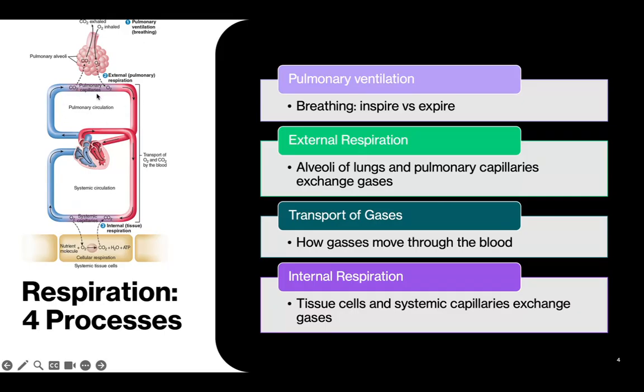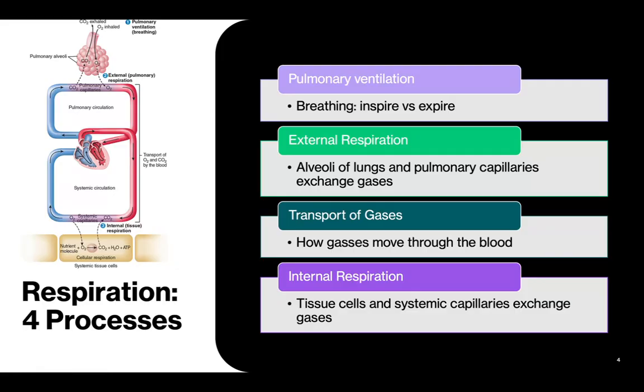So we have those pulmonary capillaries, right? Because remember, it's not the veins or the arteries where things are actually moving in and out of the vessels, it's the capillaries. So external respiration, pulmonary respiration, we have oxygen moving into the capillaries, we have carbon dioxide leaving the capillaries. Okay, and it all is happening in these structures called alveoli of the lungs, which we'll introduce later.